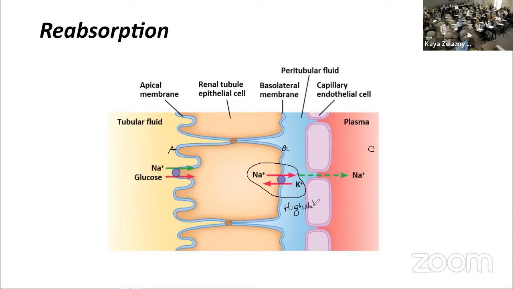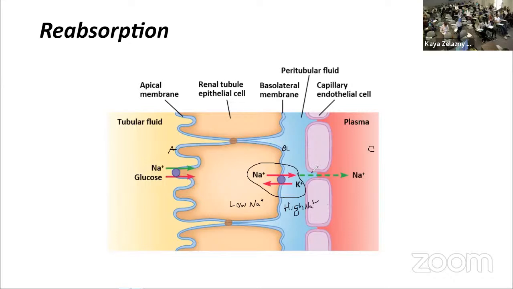And it's creating a low concentration of sodium inside the epithelial lining of our renal tubules. So low sodium here. This is really important because we've set up a gradient that we can use to move other stuff.